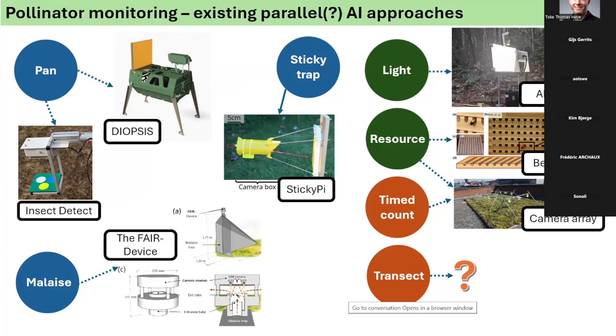And the FAIR device, Edgar mentioned earlier using the Malaise-based device where insects were coming through. This is fantastic, but there's currently no validation against the actual specimens coming out of the Malaise trap because there's no lethal element, which is great, but we don't know what we're missing. And those are some other examples there.